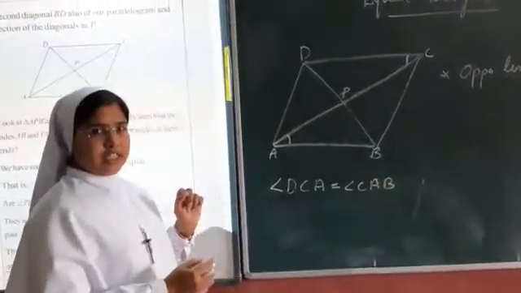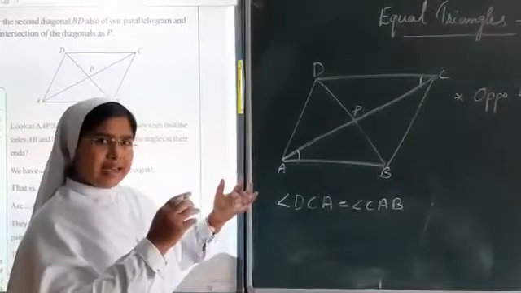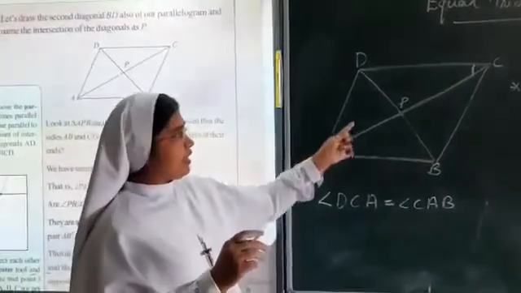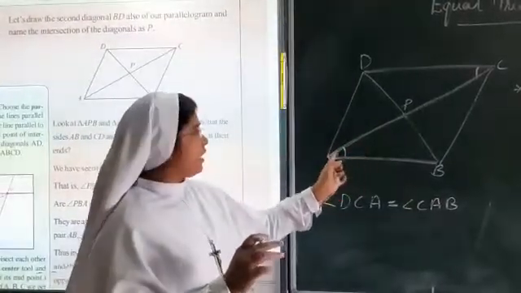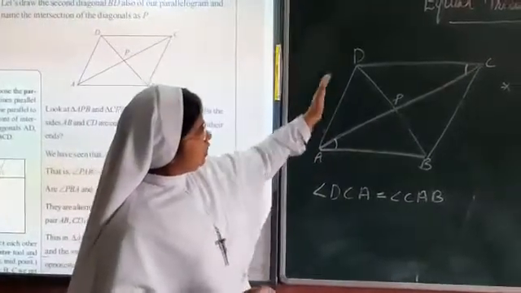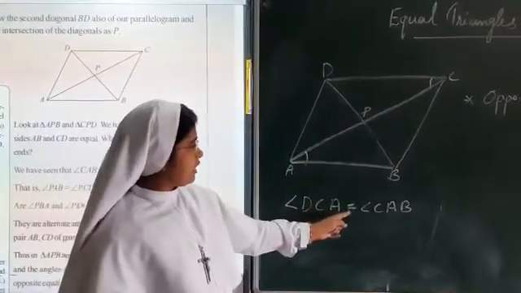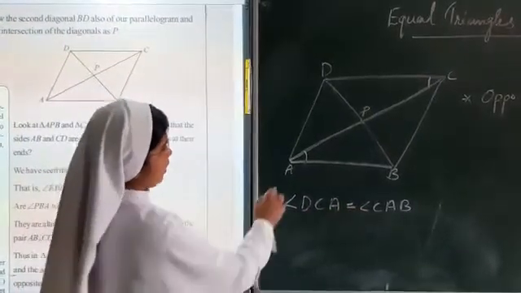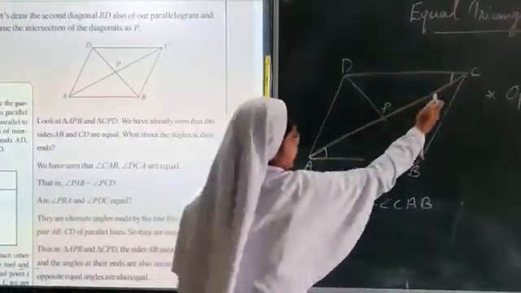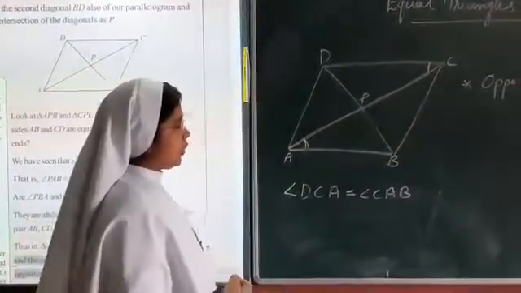Why? It is because, as I said, when two parallel lines are cut by another line, then the alternate angles are equal. Here the third line is the diagonal AC. AC cuts these two parallel lines AB and CD. Then we get angle DCA is equal to angle CAB. The alternate angles are equal.